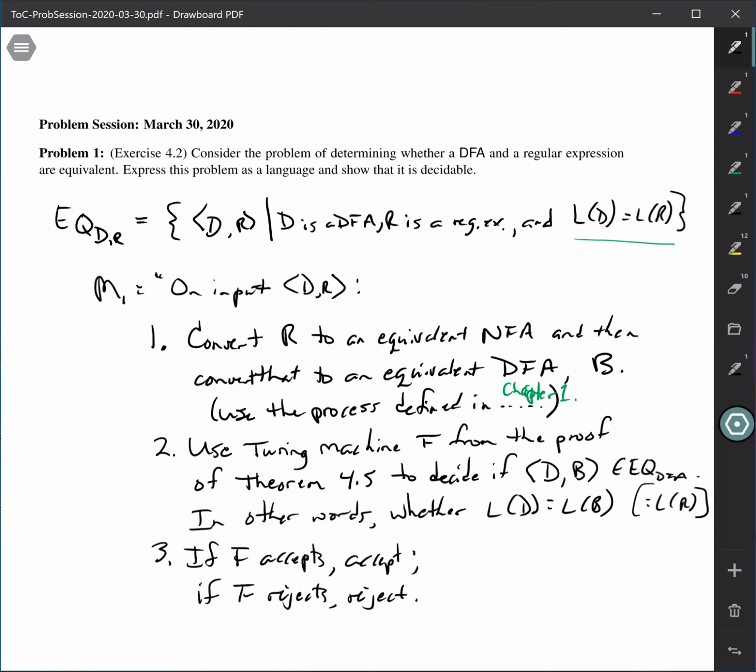So here, the answer to our question of whether D and R are equivalent is the same as whether D and B are equivalent. So if F accepts, we accept. If F rejects, we reject. And that is the entire answer.